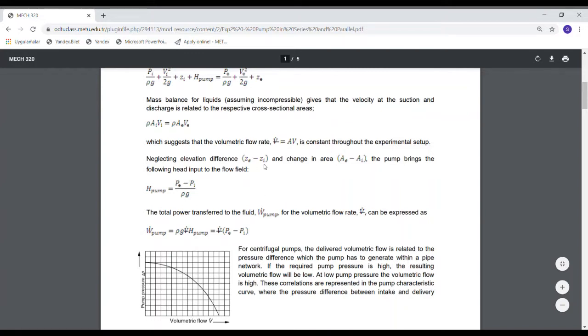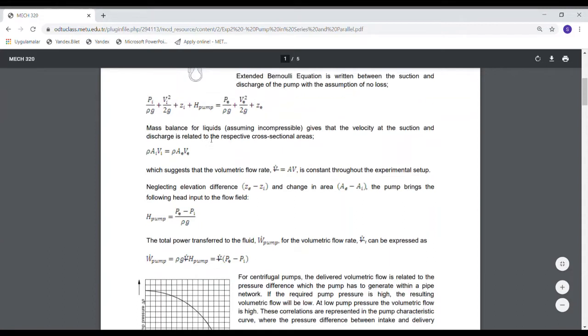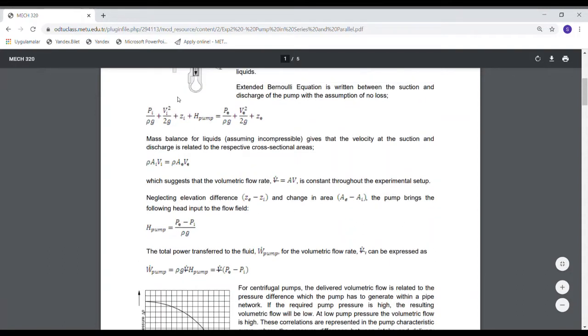When we neglect the elevation head differences and the cross-sectional area differences, we are basically cancelling the velocity head at the beginning with the velocity head at the end, and the elevation head at the beginning with the elevation head at the end. So we are going to be left with the pump head, and when we arrange it, we get this pump head equation, Pe minus Pi divided by rho g. Rho g is basically gamma.